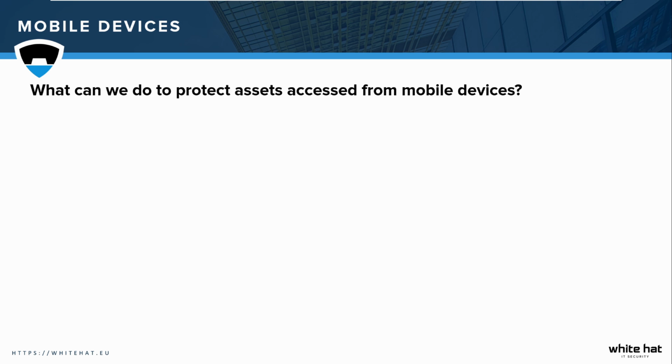But wait, we've heard this a couple of thousand times already. The bad news is this paradigm won't shift itself. And also saying identity management or zero trust policy in the mirror 3 times won't prevent adversaries from attacking your assets, employees, or users. But what can we do to protect assets that are accessed from mobile devices?